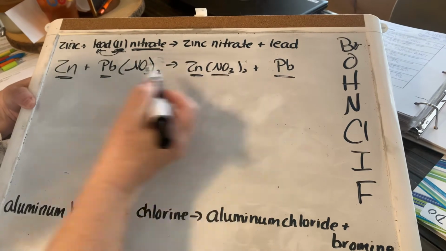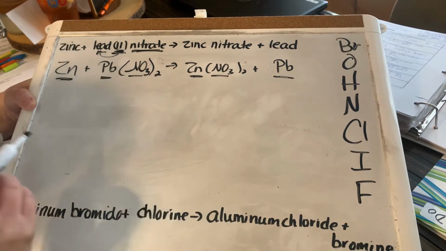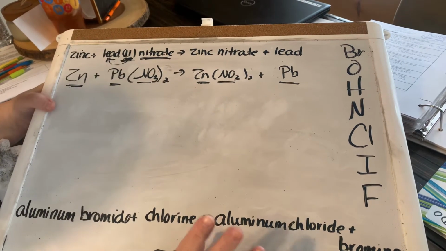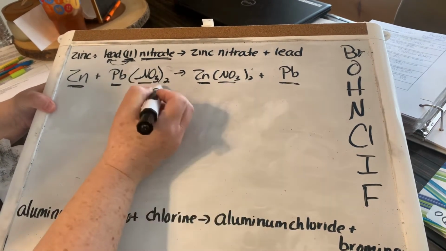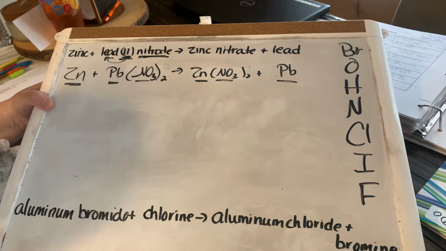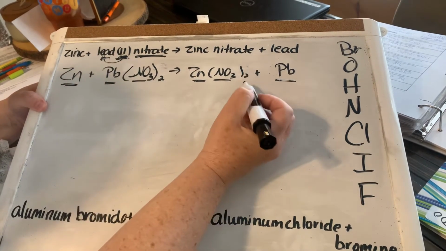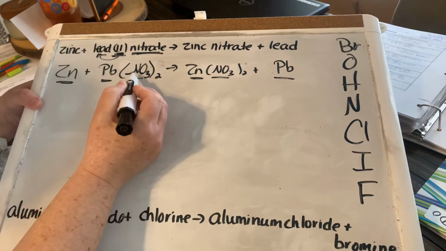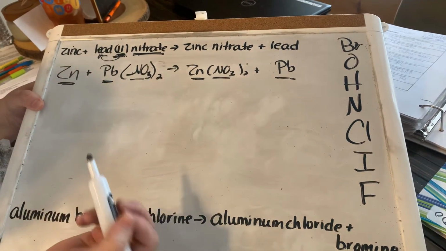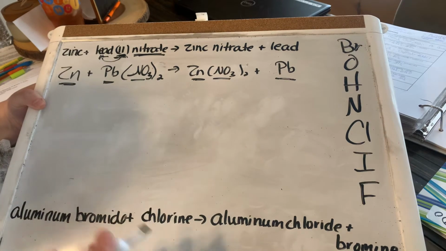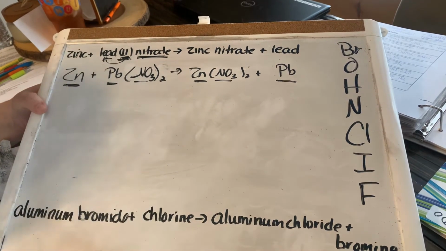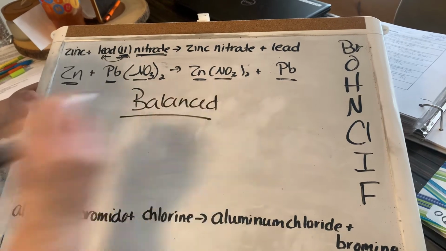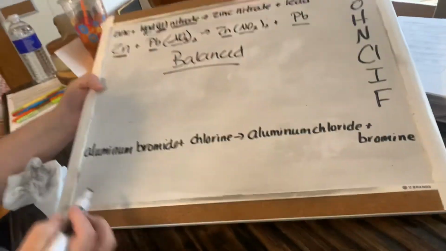You can treat a polyatomic ion just like it's any other element and just count it as a polyatomic ion. 2 nitrates, 2 nitrates. See how nicely that works out? That means you don't have to go through the mess of saying there's 2 N's and 6 O's, there's 2 N's and 6 O's, right? You can do it that way if you want, but I'm just saying that's a little trick, okay? So this one is already balanced. We're good. Let's look at this one.